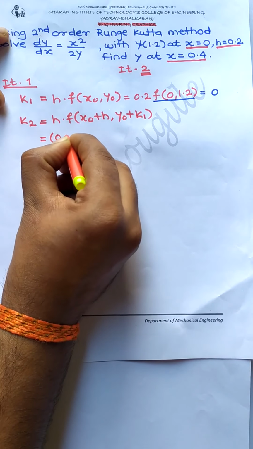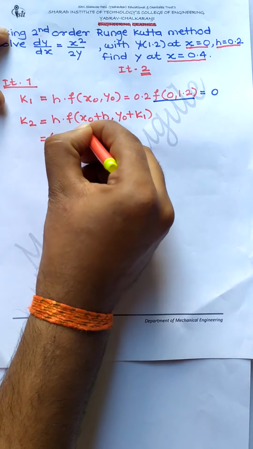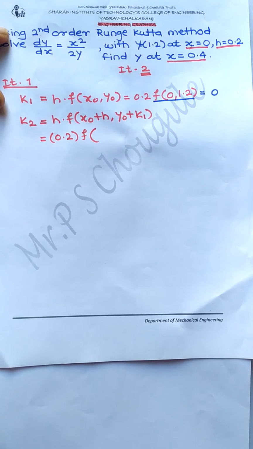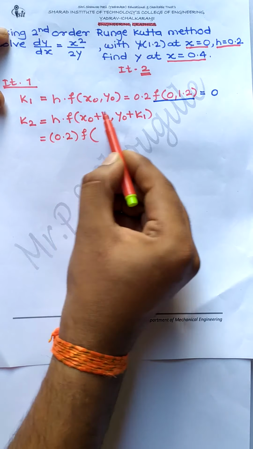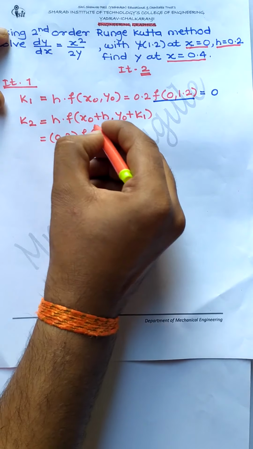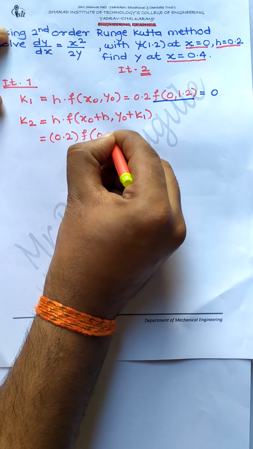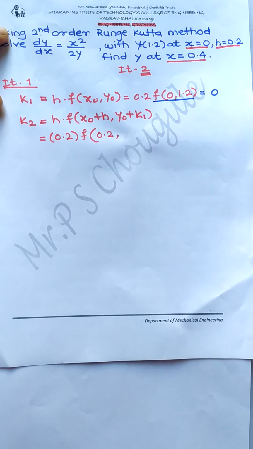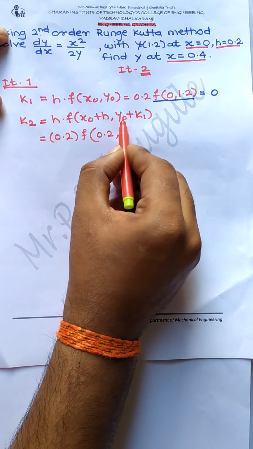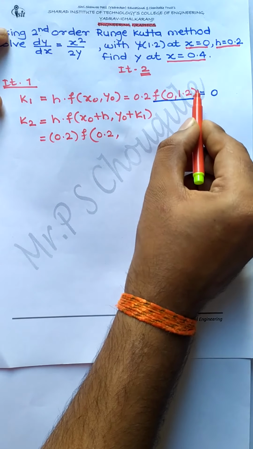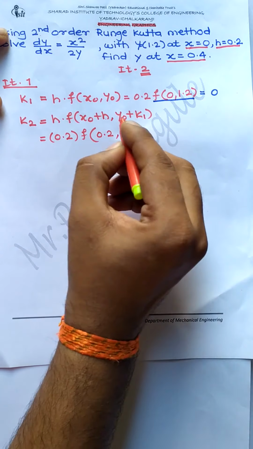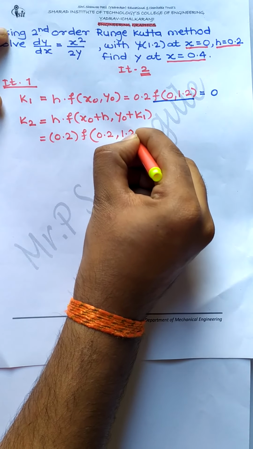The value of h is 0.2, and the function at x0 plus h: x0 is equal to 0 and h is 0.2, so I will write here 0 plus 0.2, which is equal to 0.2, and y0 plus k1. Currently y0 is 1.2 and k1 is equal to 0, so I will write here 1.2.